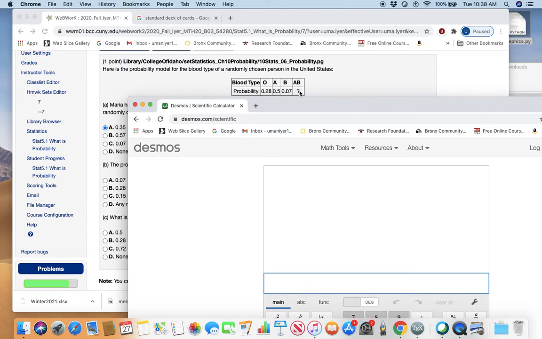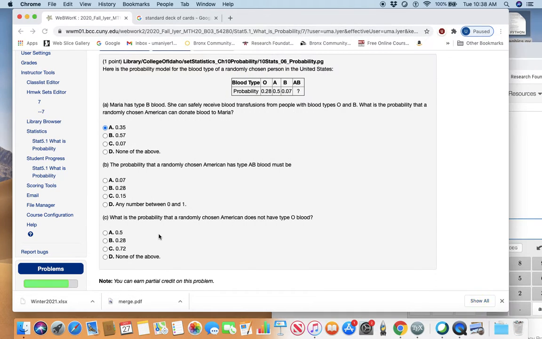So for AB, from 1, take away blood type O probability, then take away blood type A probability, and take away blood type B probability. I get 0.15.